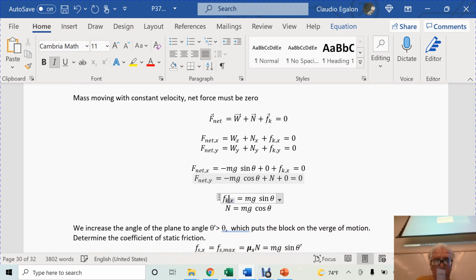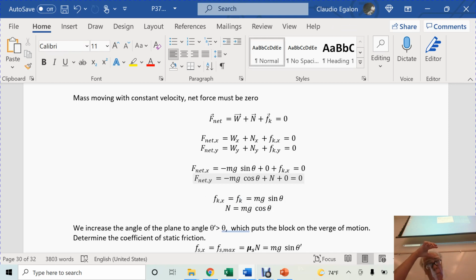I can even go a step further and state that F_k in the x direction is equal to F sub k. The x direction becomes redundant. But what I asked for is the coefficient of kinetic friction.